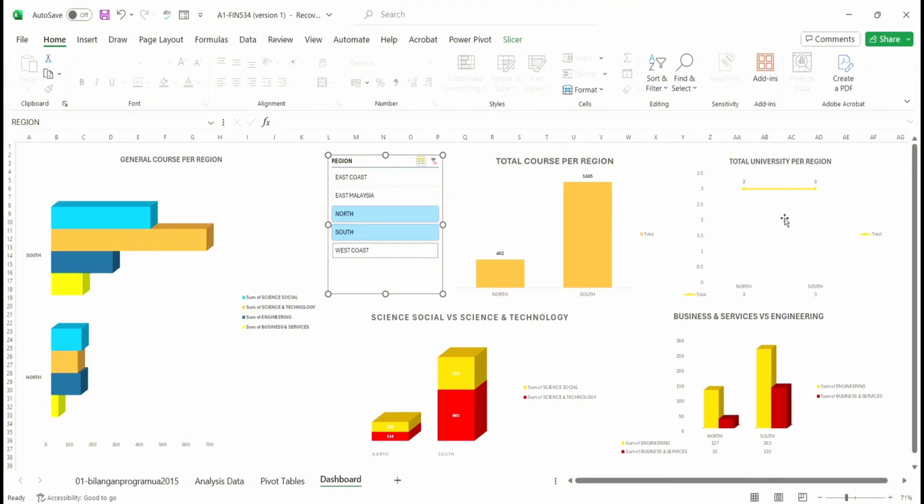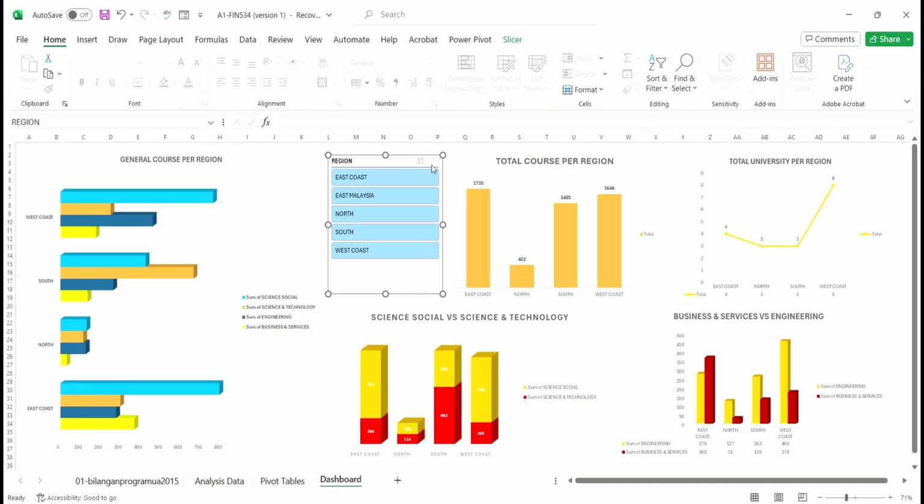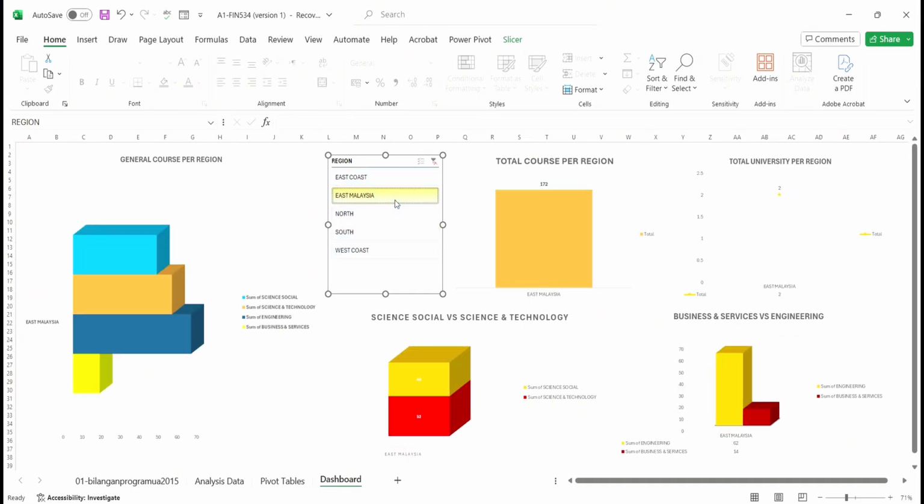In comparison of science social versus science and technology, South is higher than North, and again with business and services versus engineering, South is higher than North. If we want to look at only one region, like East Malaysia, clicking that shows all related data for East Malaysia alone. So that's all from me. Now I will pass to my partner for the next part.